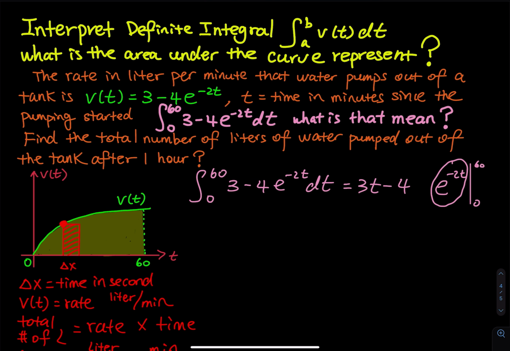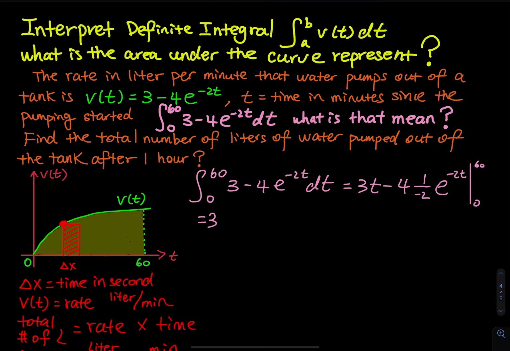So how do you get rid of that negative 2? We will have to put a 1 over negative 2 there. Now when you take the derivative, the 1 over negative 2 gets rid of the negative 2. Simple, right?